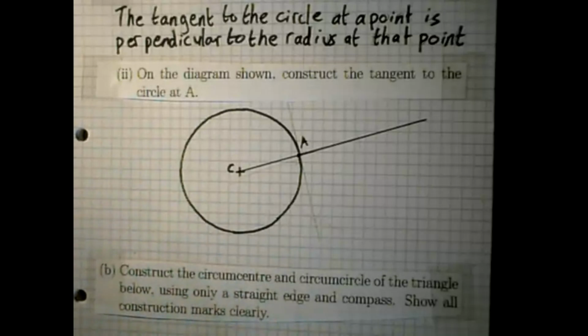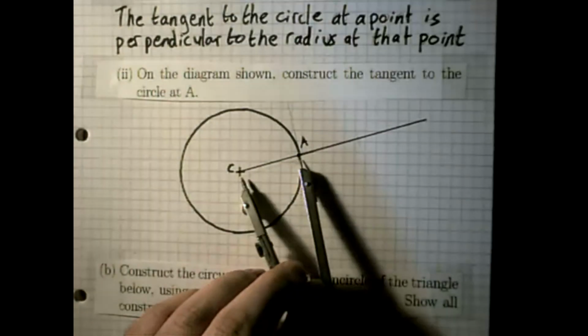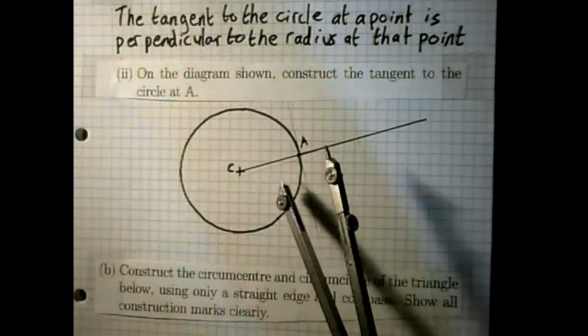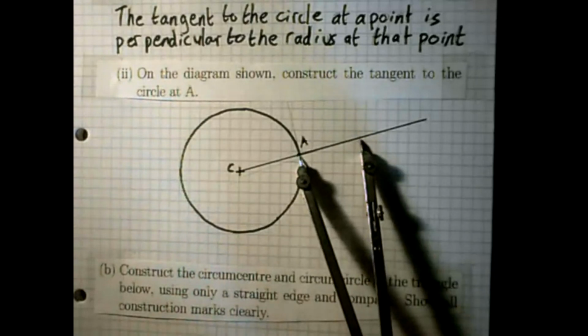Now that I have a 180 degree angle at A, if I bisect that I'm going to get 90 degrees, in other words perpendicular. So first of all, with A as my vertex, I'm going to mark off 2 points that are equidistant. I'm going to use C as 1 point because I've already got that point, and I'm going to find the point that's equidistant from A on the other side. So that's the distance CA. Flip that over, and that there is a new point.